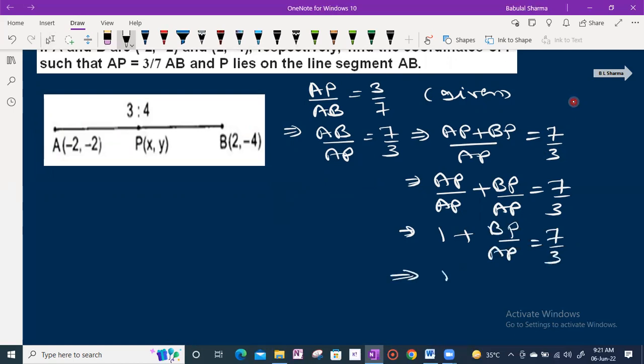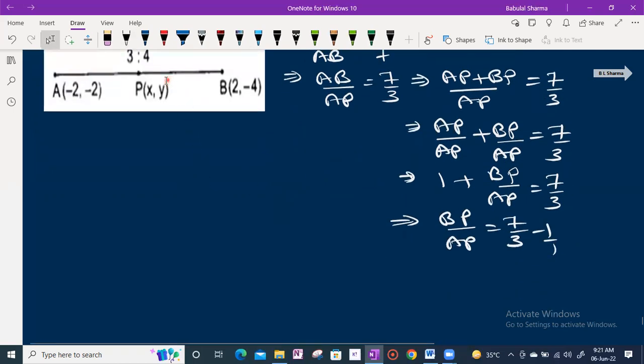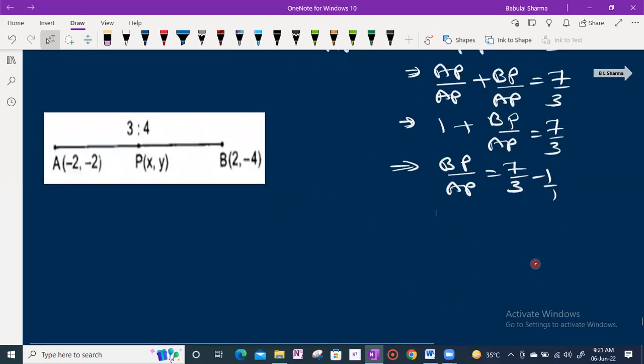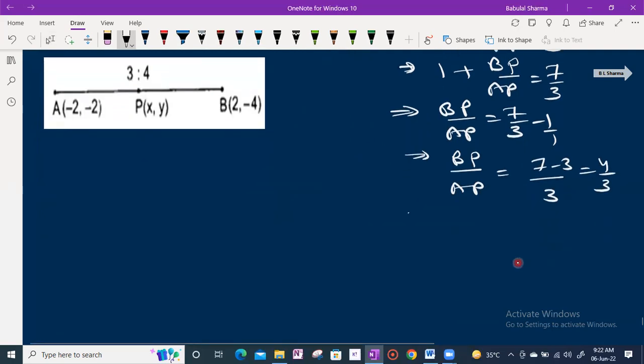Further, BP upon AP is equal to 7/3 minus 1. Further, BP upon AP, taking 3 LCM, 7 minus 3, that is 4 by 3. Now taking the reciprocal, so AP upon BP, that is 3 by 4.